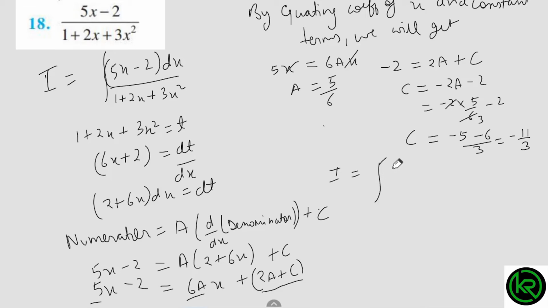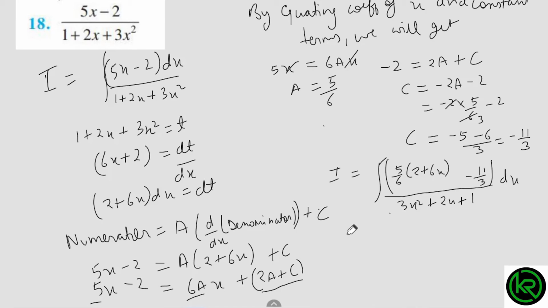a is 5 by 6, multiplied by, we are using this line, 5 by 6 times 2 plus 6x, and minus sign 11 by 3, and downside it will remain as it is, 3x square plus 2x plus 1 and dx.